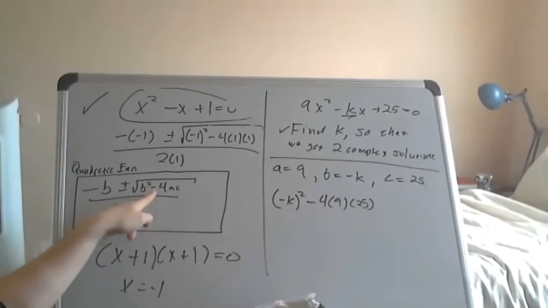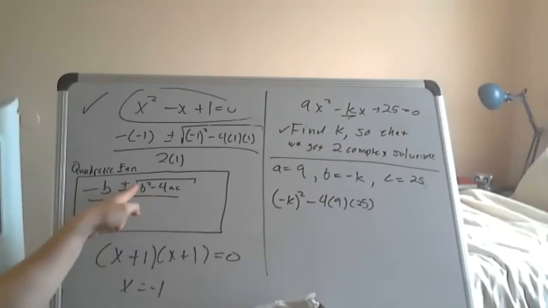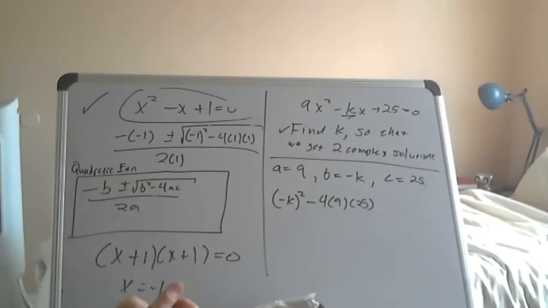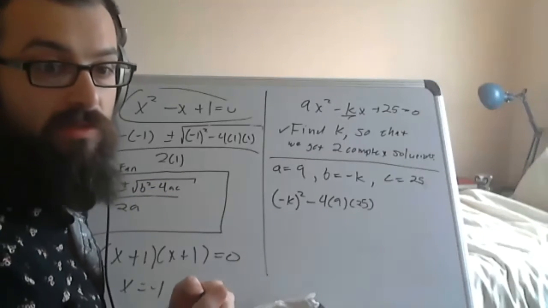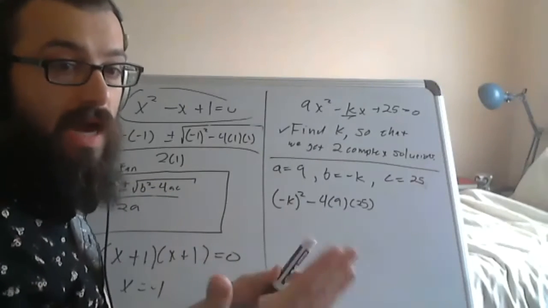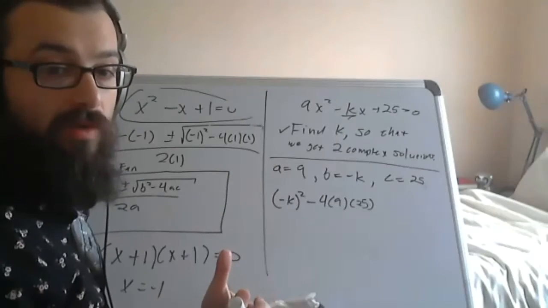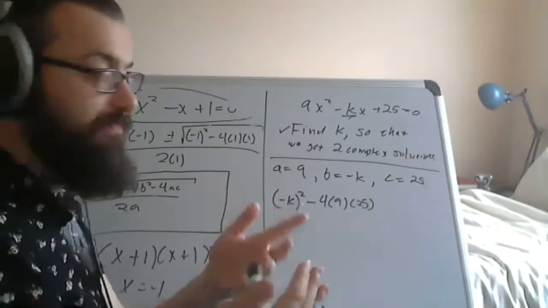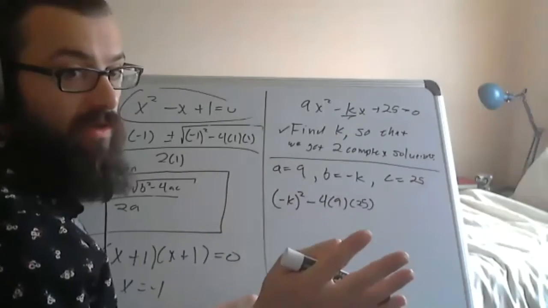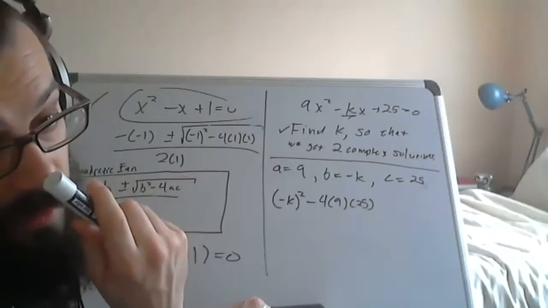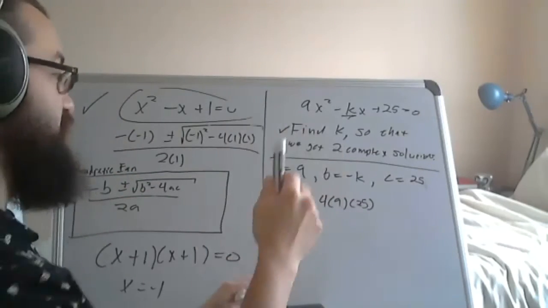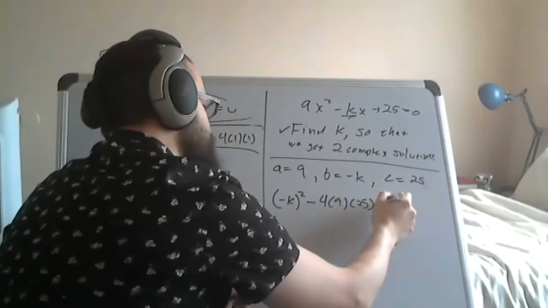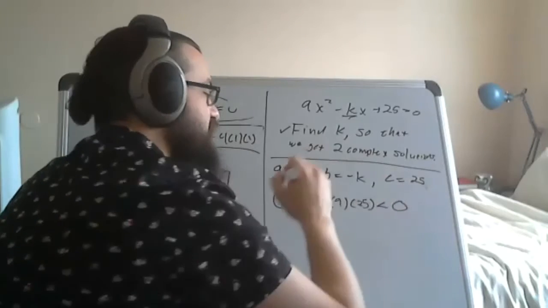So we want the discriminant under the radical to be negative, because when we take the square root of a negative number, we end up with i, meaning we're going to end up with a complex solution. So, back to your favorite inequality stuff, we want this to be strictly less than 0.